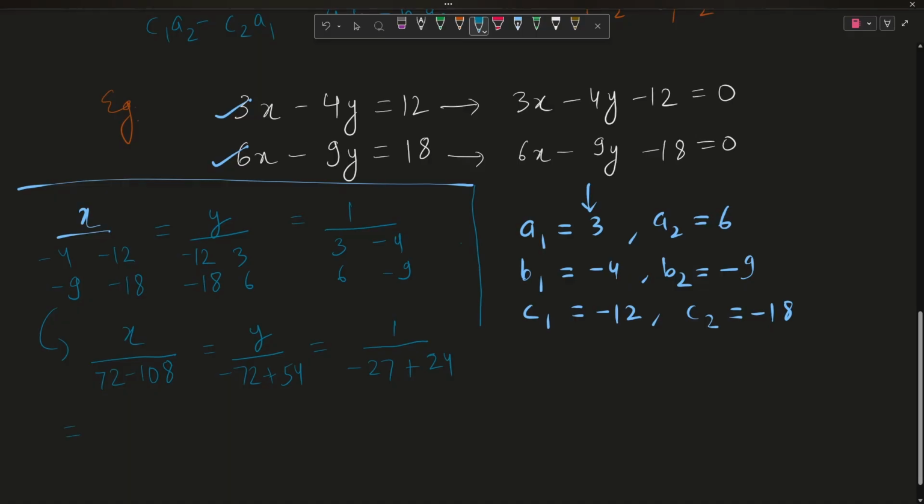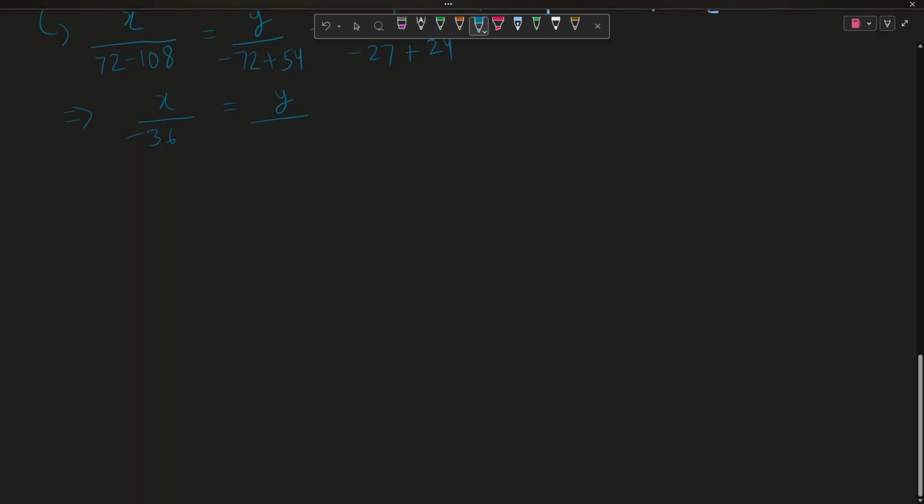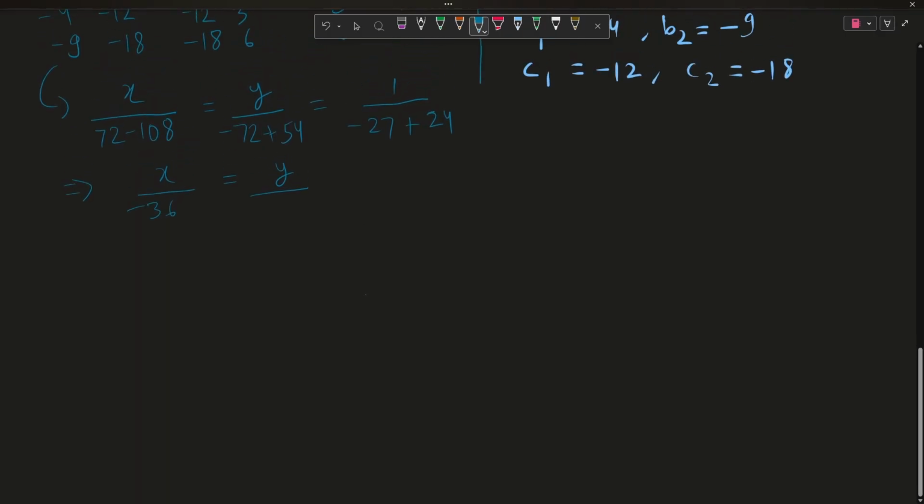So we will get the values x upon 36, minus y upon 18, equal to 1 upon minus 3.